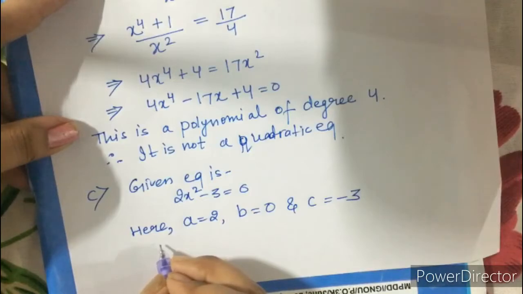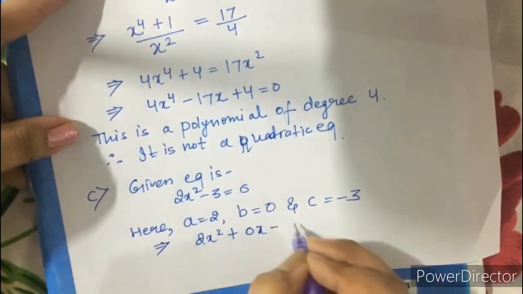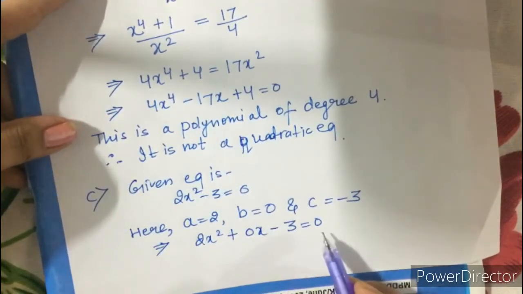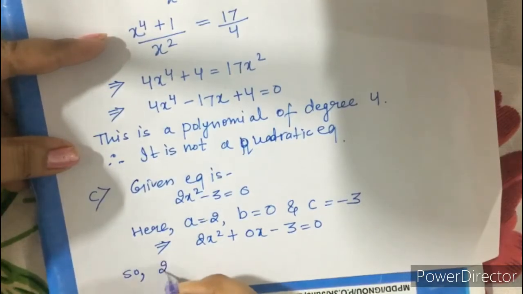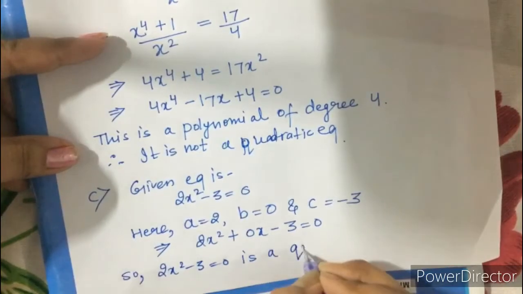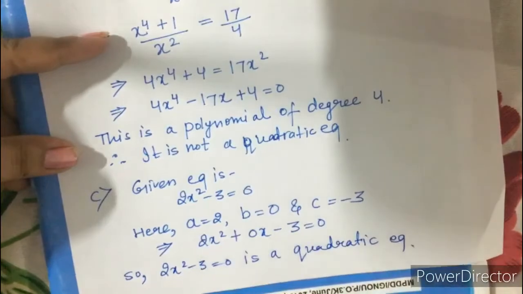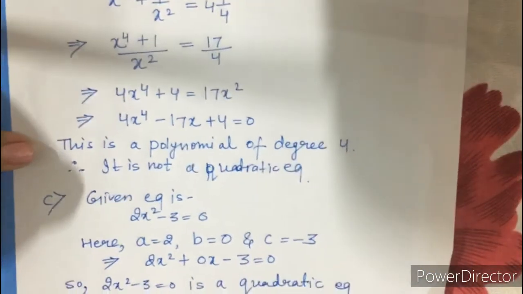Which means 2x square plus 0x minus 3 is equal to 0. The same equation can be written in this form. So 2x square minus 3 is equal to 0 is a quadratic equation. In this way we can find out whether the given equation is a quadratic equation or not.